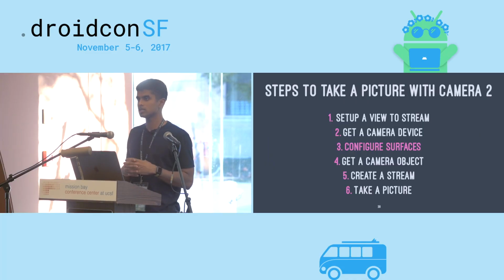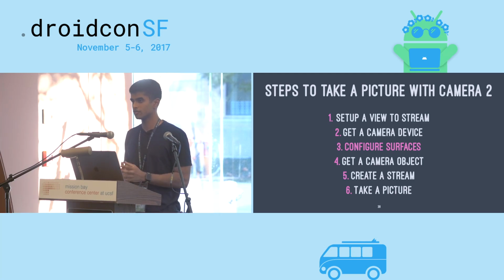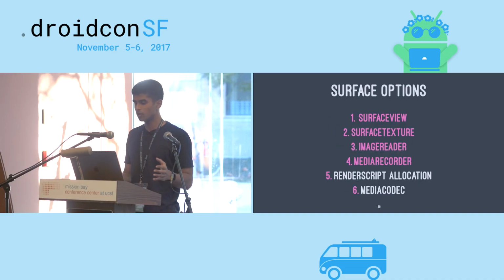Next thing, we want to see what this camera can output, and then configure our surfaces to that. In order to do that, we have multiple surface options. We have the surface view and surface texture, the two we talked about, and image reader and media recorder. Image reader is for taking pictures, media recorder for taking videos. There's also render script allocation and media codec, which we probably won't cover today.